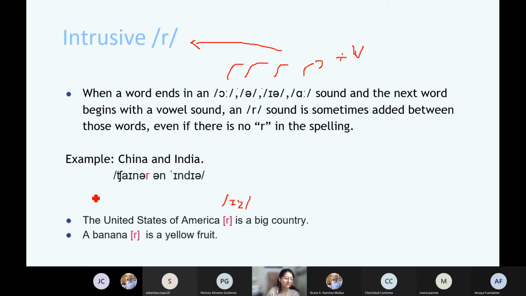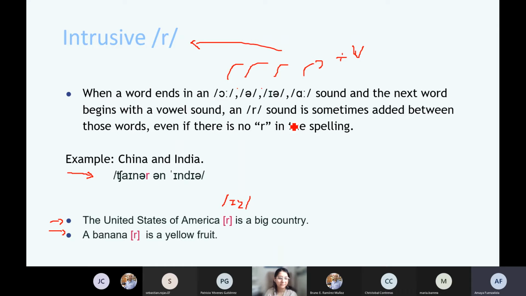So we have China and India, the United States of America is a big country, and a banana is a yellow fruit. Amaya, can you pronounce the examples, please? China and India. And now adding the intrusive R. The United States of America is a big country.